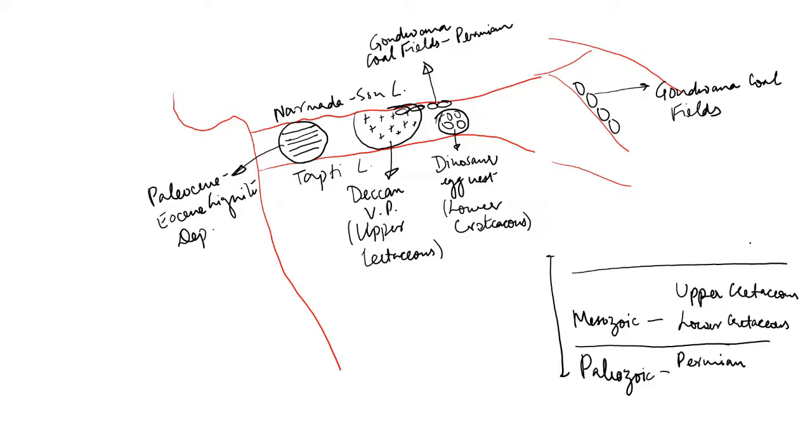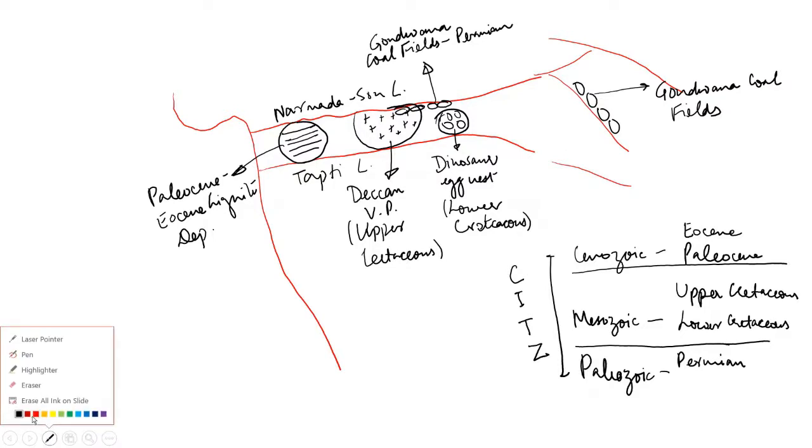The Cenozoic is represented by the Paleocene Eocene deposits, the lignites. So this is the range of the rocks of geological time found roughly in the Central Indian tectonic zone. So all these formations vary in their environment of deposition and they suggest freshwater to transgressive settings.